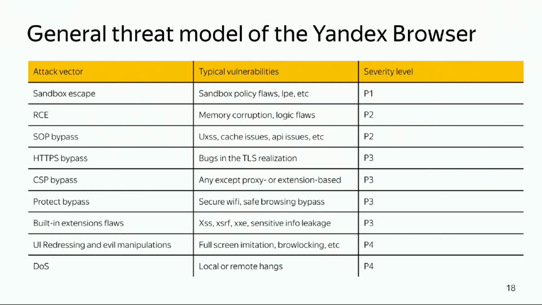It's the standard list of security vulnerabilities for browsers. You can find it in the Google Chrome VRP, or you can find the same table on the website of our bug bounty. So it's the general basic security model for browsers. It covers the most important issues and vulnerabilities for a browser.